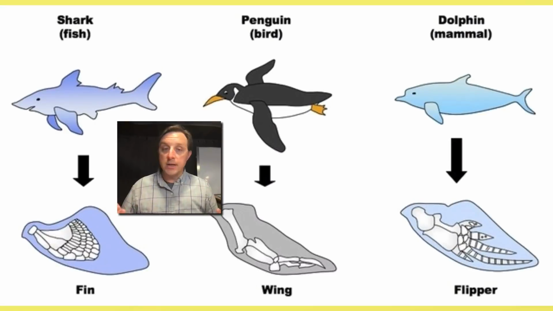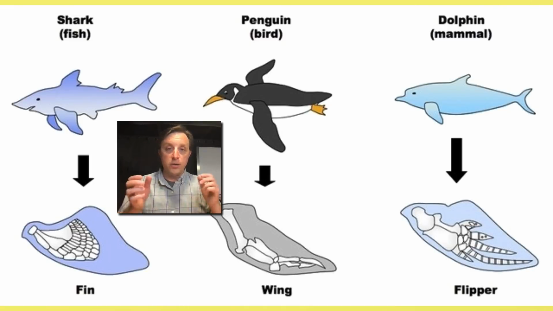Looking at another example here with organisms that are a little bit further away: the fin structure of the shark, the wing of a bird, and the flipper of a dolphin. Very similar structures because they all evolved to do the same thing, swim as fast as possible, as efficiently as possible.